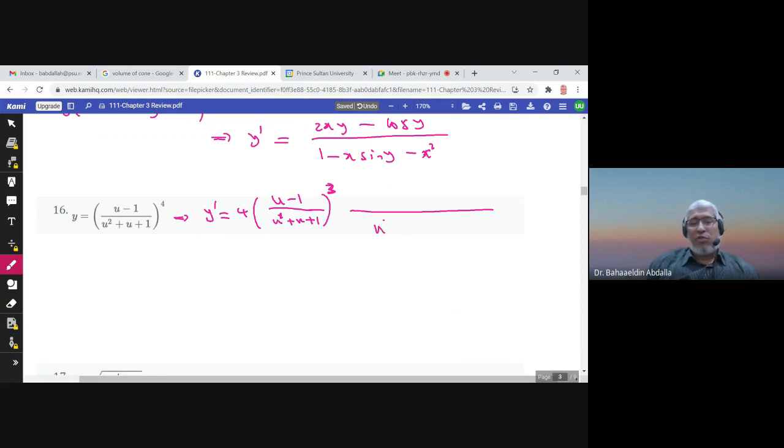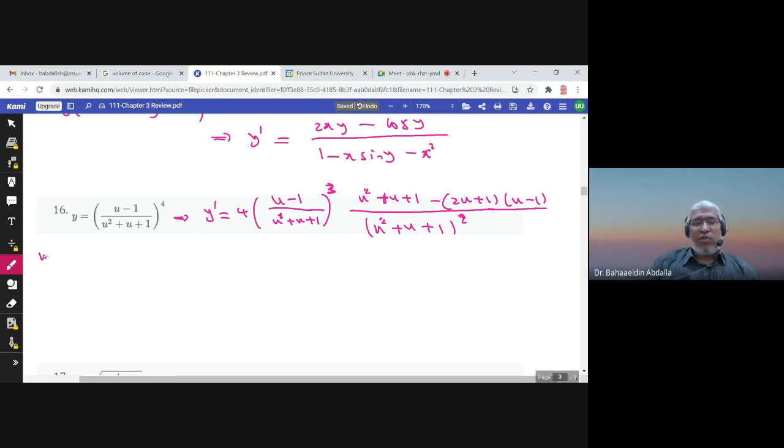So this is (u squared plus u plus 1) to the power 2, the quotient rule now. The derivative of the numerator is 1 times u squared plus u plus 1 minus the derivative of the denominator, which is 2u plus 1, times u minus 1. And you just need to expand this one and find the answer.